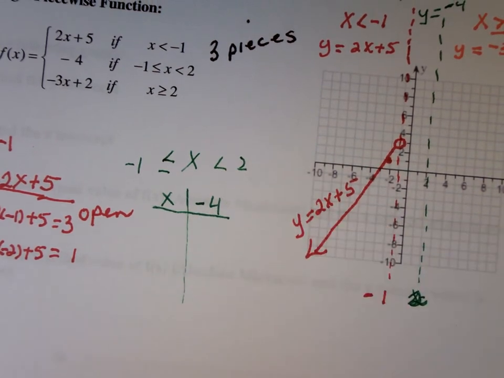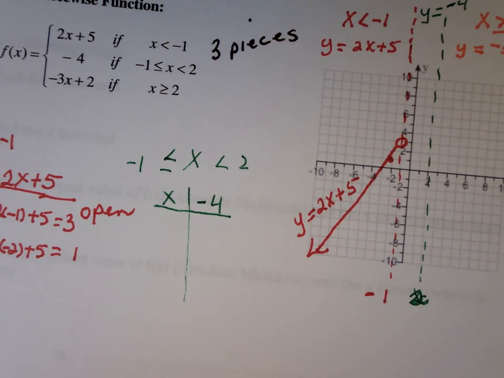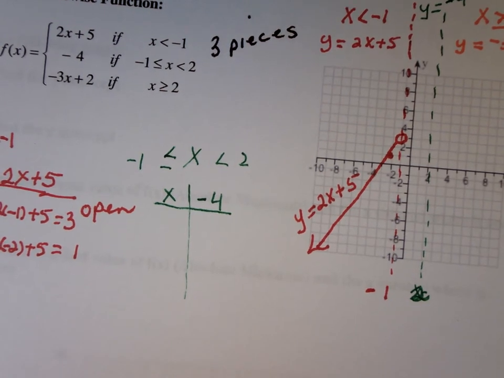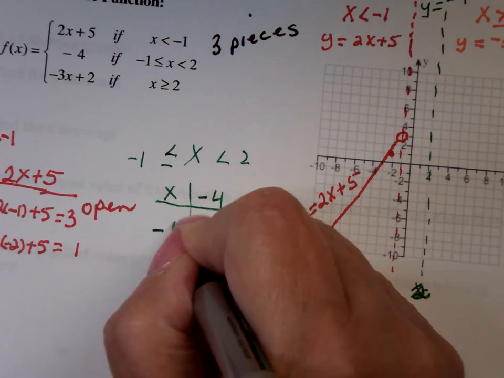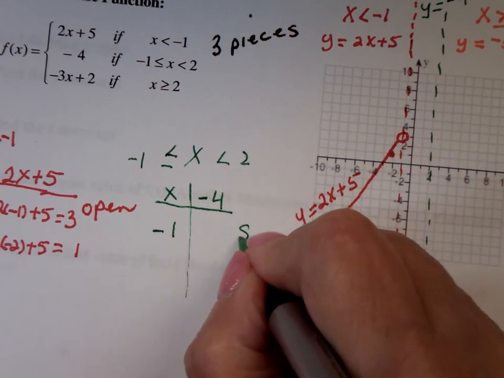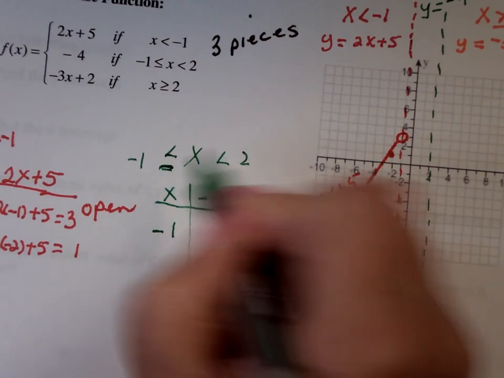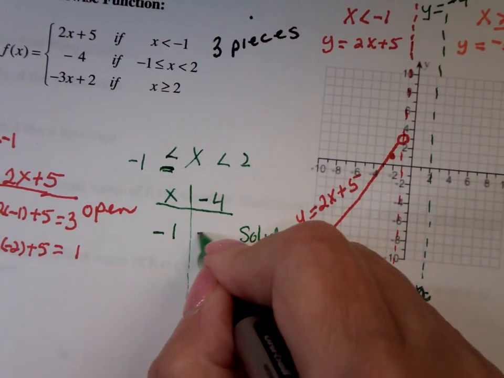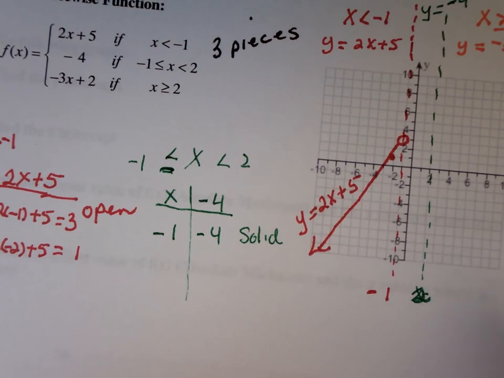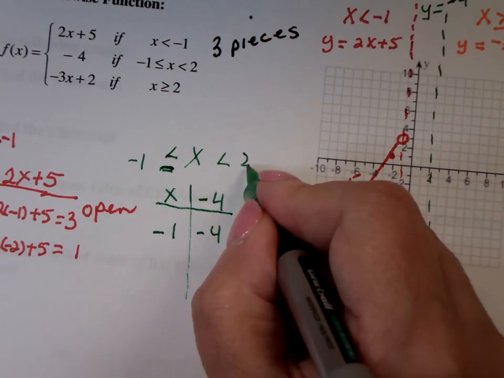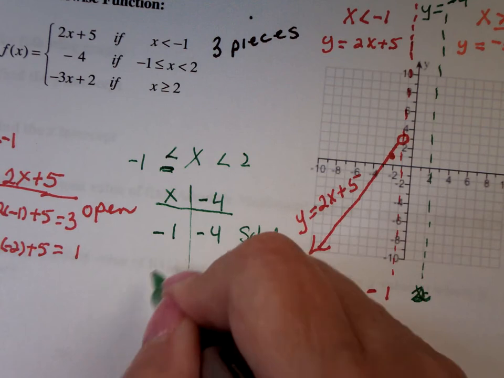That says for any x value I put in, y is equal to -4. So I have -1, it includes, so this is a solid dot because of the equal sign. And if x equals -1, y equals -4.